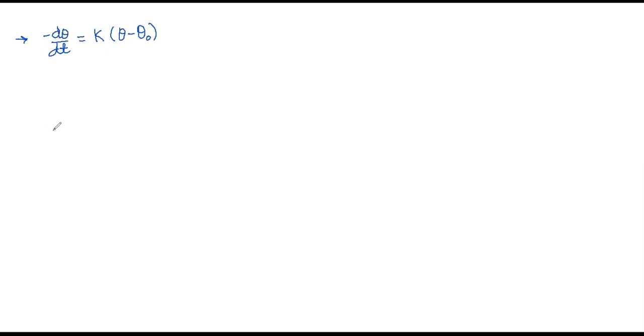Okay, right? What I got? Minus d theta by dt is equal to K into theta minus theta naught. Already I told you this is the rate of cooling. So can I write like this? See what I am writing.